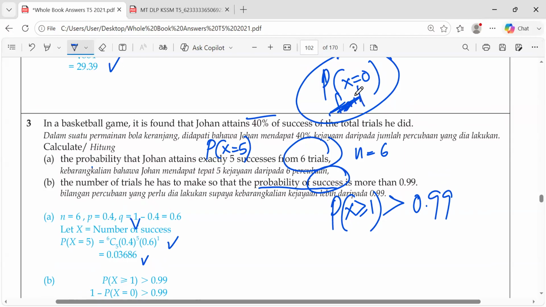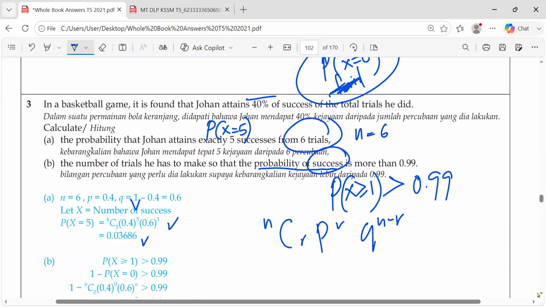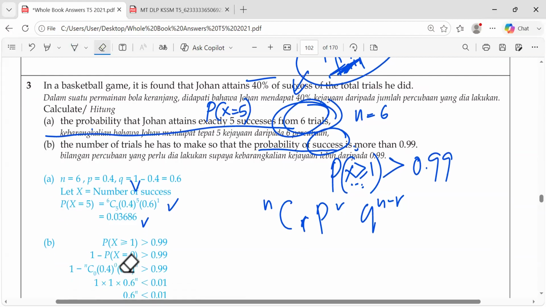So this is more than, and then you just substitute the formula where n we're not sure, because it's a different question. This is for part A only. So n we're not sure, but r we know. How do we know? This one is 1 minus the fail one, 1 minus probability of x equal to 0.